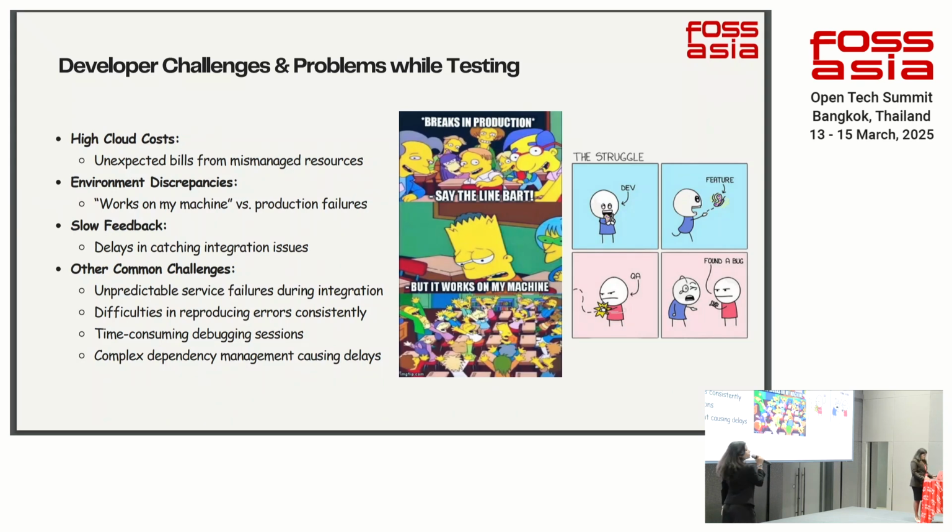So, the developer challenges that we face in our day-to-day life. The development cycle goes like this: we develop a feature, then we commit it, push all the feature changes, then PR approvals happen, and then it goes through deployment. But what if I then realize I missed a certain test case, but my changes are already deployed?